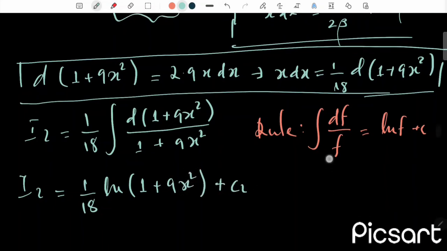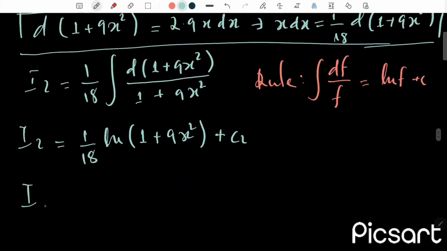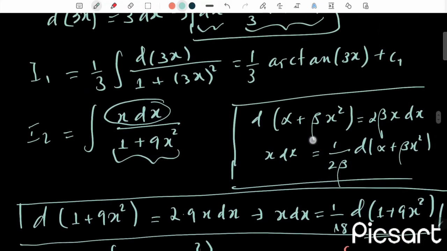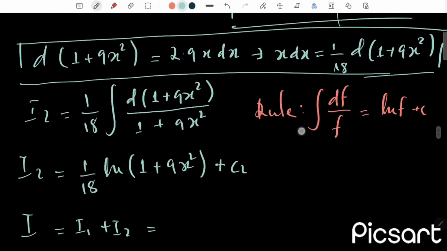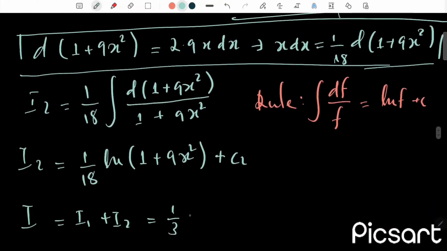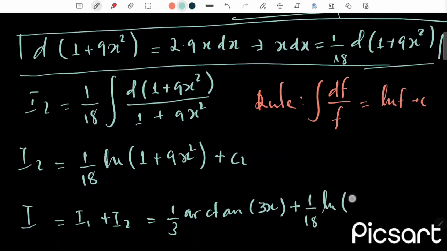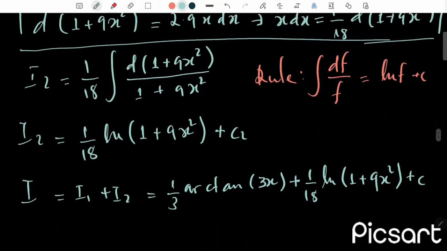So the full I is equal to I1 plus I2, which is 1 over 3 arctan of 3x plus 1 over 18 ln of 1 plus 9x squared plus c.